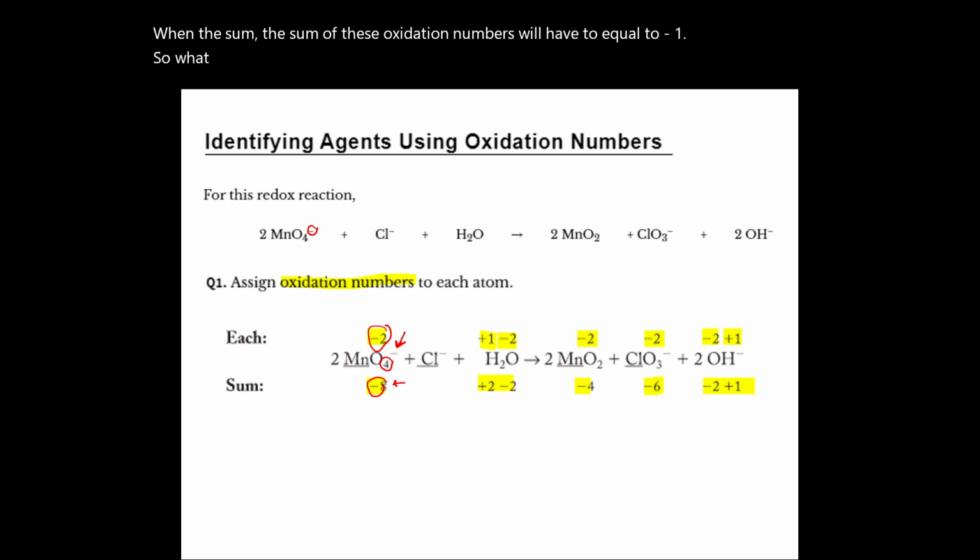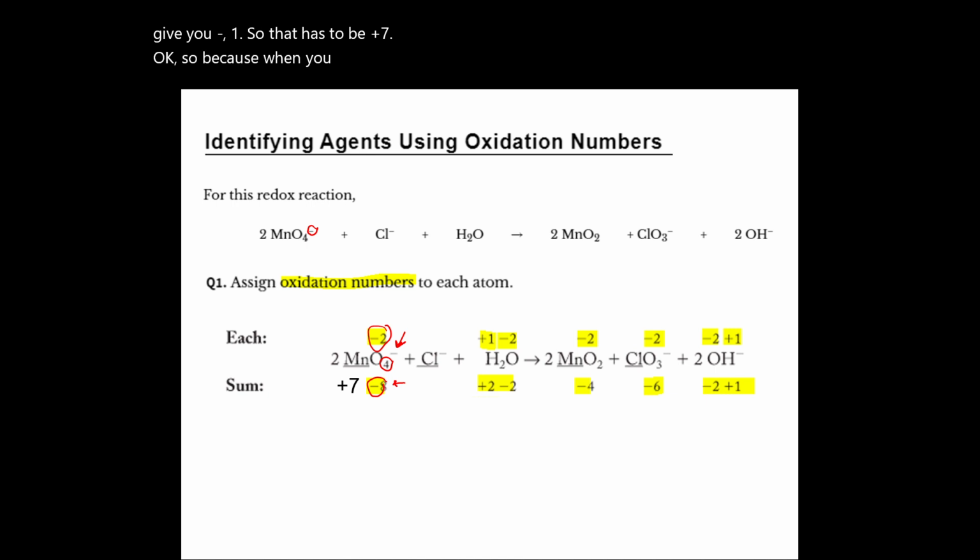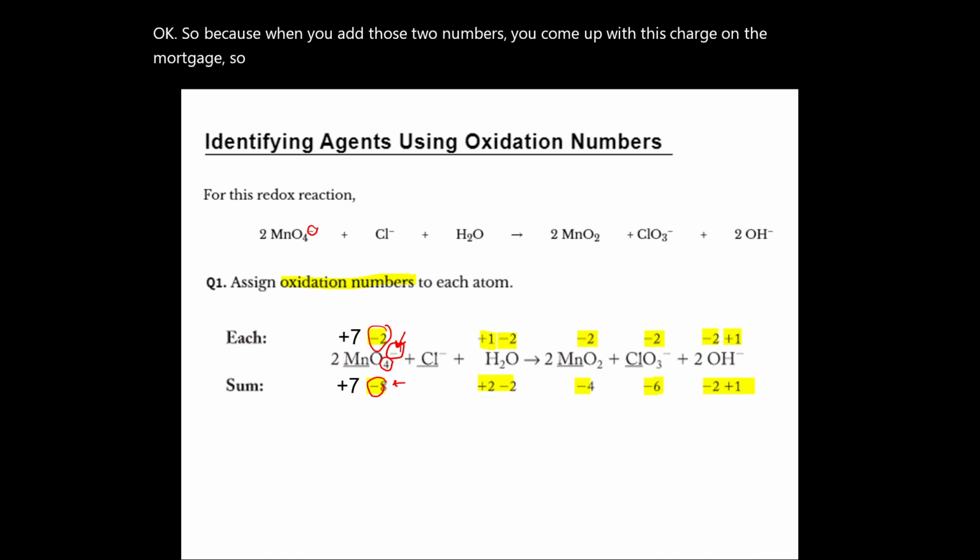So what number do you have to put here so that when you add those two numbers, you get -1? That has to be +7. Because when you add those two numbers, you come up with the charge on the ion. So the oxidation number of manganese is +7. Chlorine here, that is a monoatomic ion.